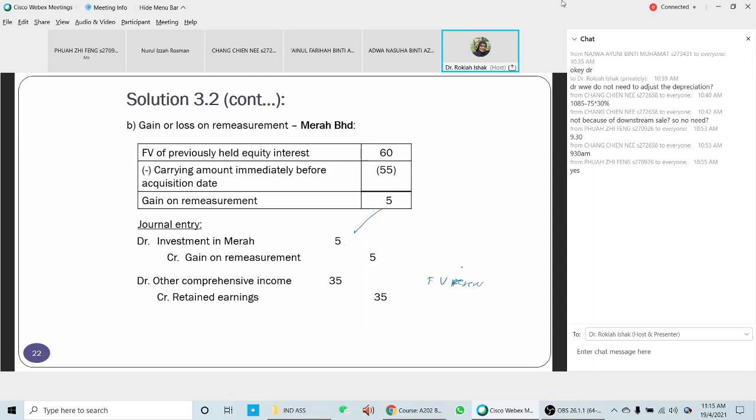Remember that previously your type of investment is other investment. So this fair value reserve needs to be transferred to retained earnings. So you debit other comprehensive income, this one is to record the fair value reserve, and then credit retained earnings. So it is a transfer from other comprehensive income to retained earnings, a reclassification of OCI to retained earnings.